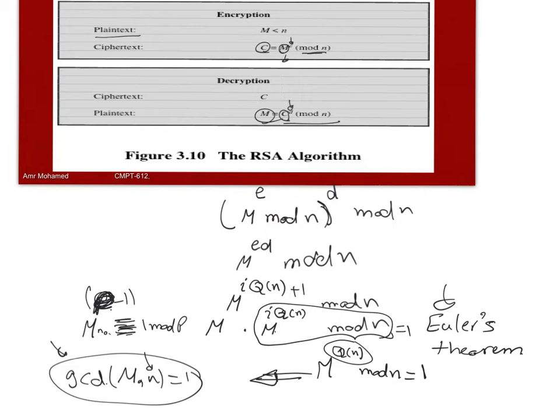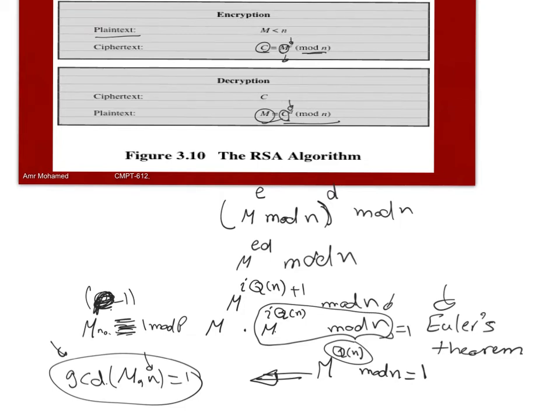Even practically, if that condition is not valid, it doesn't mean the result is not 1. It could be 1. We don't know. But for the Euler theorem to be valid, this condition has to be valid.